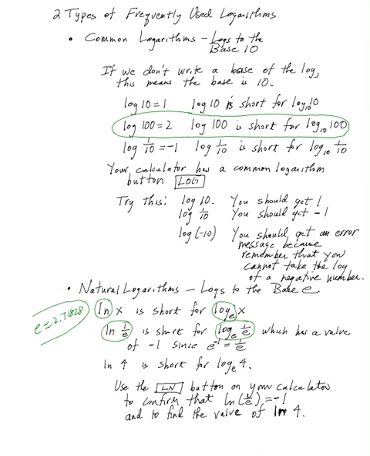ln 4, natural log of 4, is short for the log of 4 base e. Use your calculator to find the value of natural log of 4.